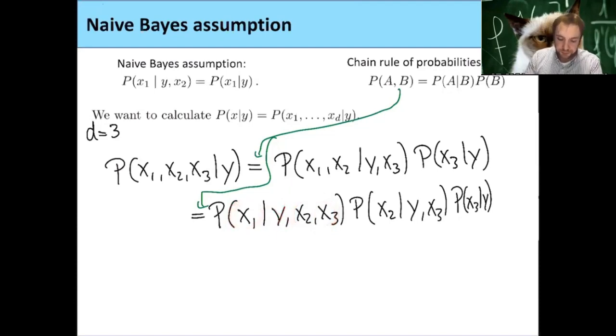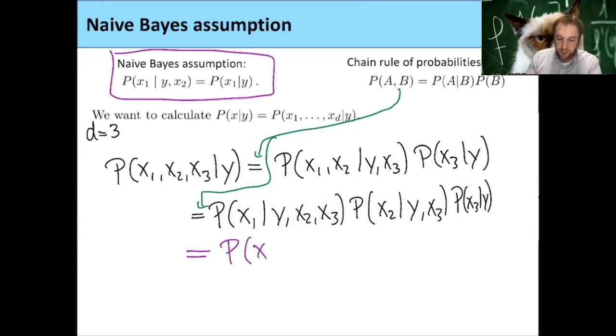So under this assumption, we can write this as p(x1 given y). And here we can also get rid of this x3 because this doesn't change the probability. And this is p(x2 given y), and here p(x3 given y).